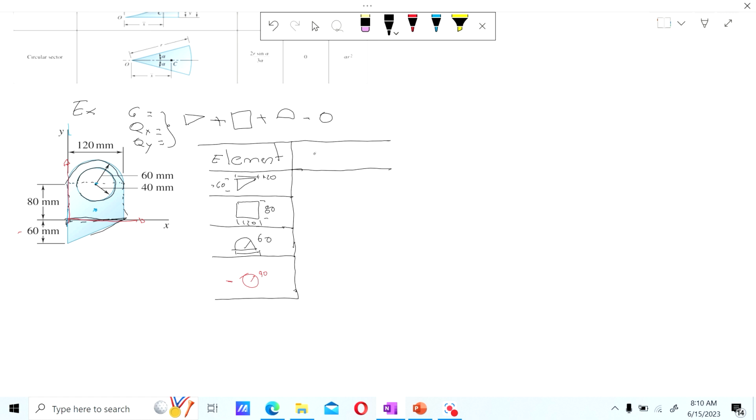Then we're going to have area, or actually it's way simpler. Let's start with the centroid, or the middle point of each element in X. The center of each element in Y. All right. Before we do that, we have to find the area in millimeters squared.